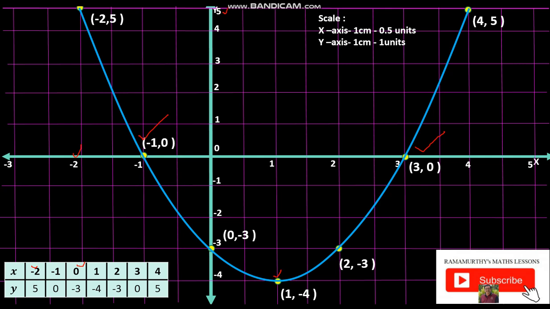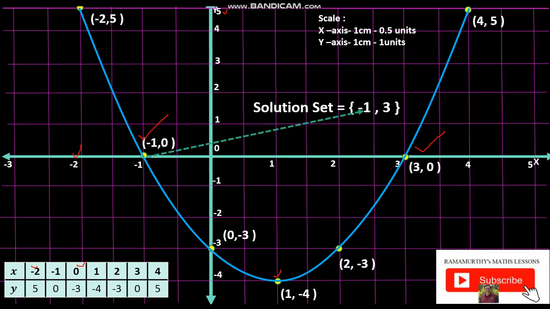At these points, the parabola cuts the x-axis, where the x coordinates are negative 1 and 3. These two are the zeros of the given polynomial. So finally the solution set is negative 1 and 3.